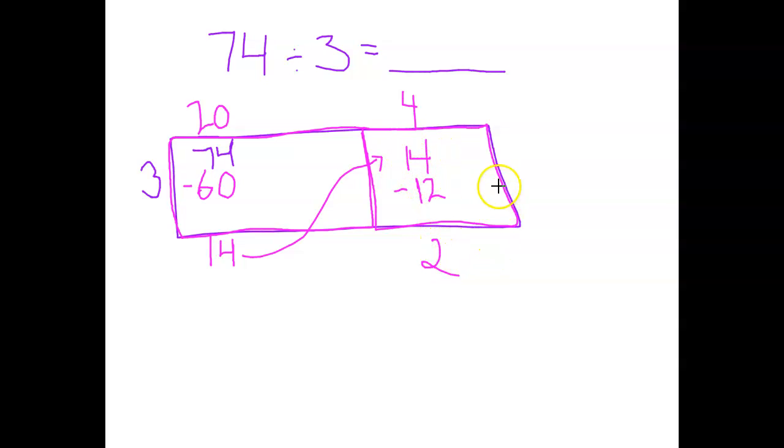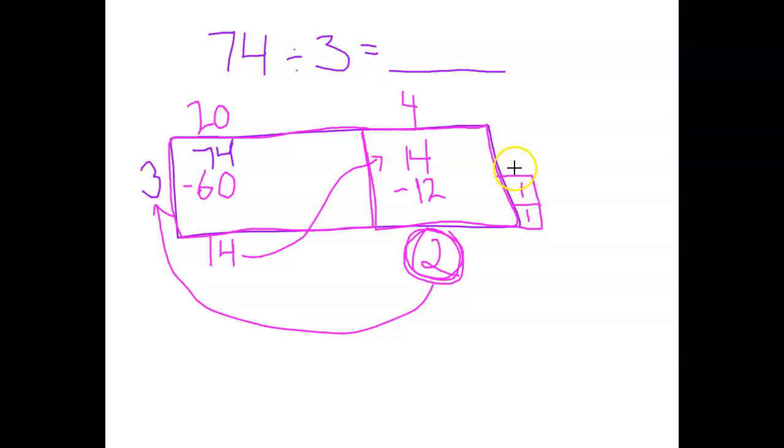So these 2 Skittles, I mean, I could make a new rectangle here and extend this out a little bit further, but I can't make a group of 3 with only 2 Skittles. So that means that this, notice it is lower than my divisor, is going to be my remainder. So I'm going to put 2 little boxes here. These represent the 2 Skittles that could not be made into a group of 3.